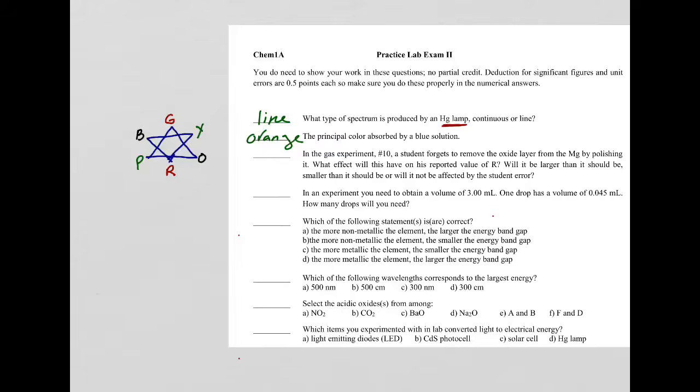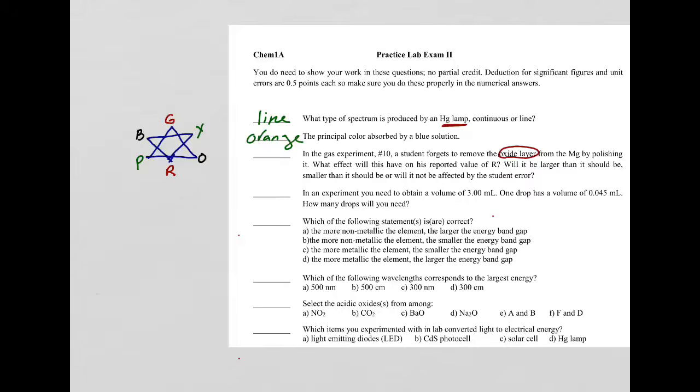In a gas experiment, a student forgets to remove the oxide layer from the magnesium by polishing it. What effect will this have on the reported value of R? It's going to be bigger, the same, or not affected. Now, think about this. The key here is that they forgot to remove the oxide layer.